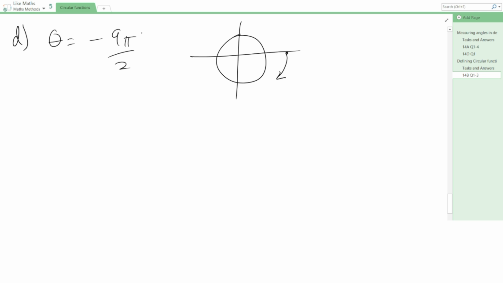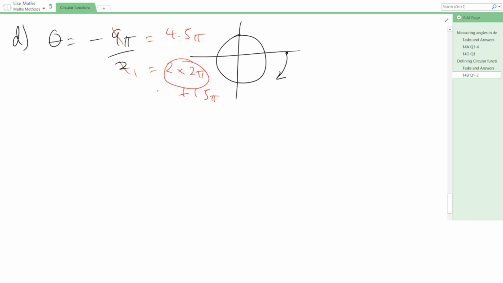So let's say it's exactly 4.5 pi, which I'd look at as saying it's 2 times 2 pi plus 1.5 pi.